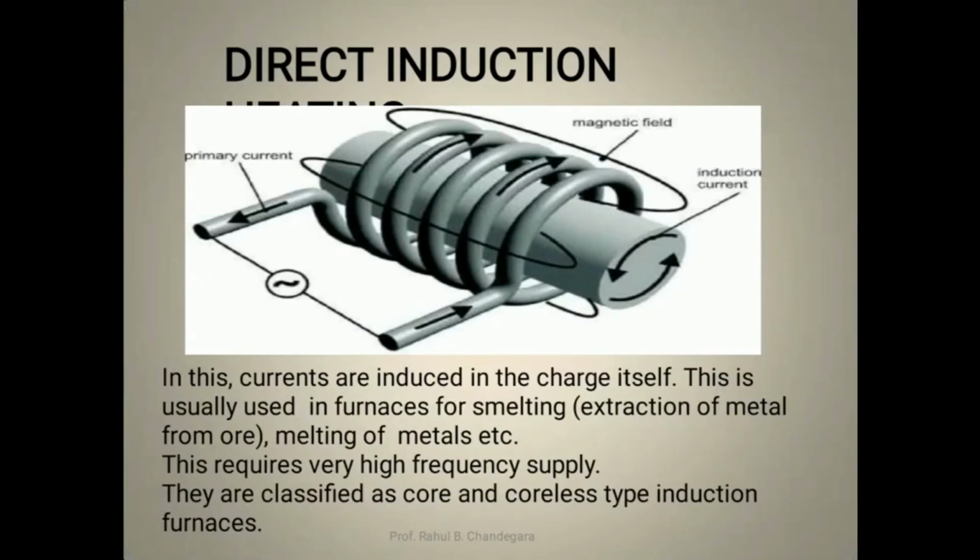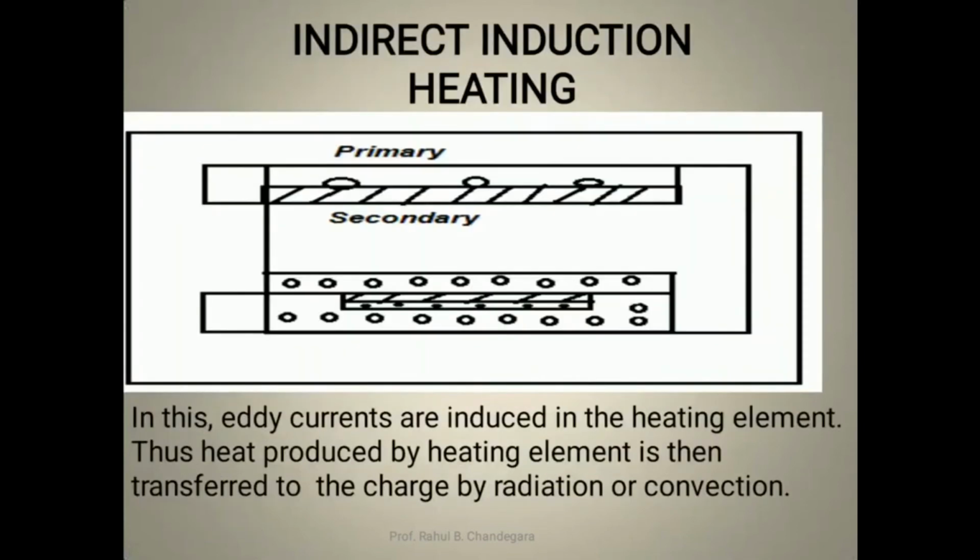This requires a very high frequency supply, so a high frequency generator is required. They are classified as core and coreless type induction furnaces. In this picture we can see that the primary current passes through the coil and a magnetic field is produced, and due to this the conductor gets eddy current induced in it.